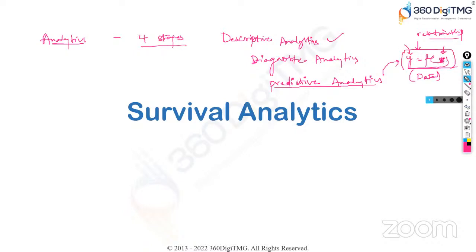These are the various factors which cause the event, and with respect to these features, the output is getting affected. How it is getting affected is what we are trying to define using this function.